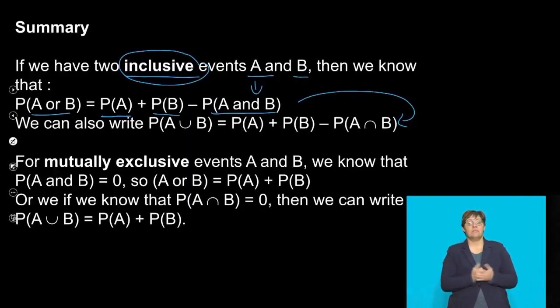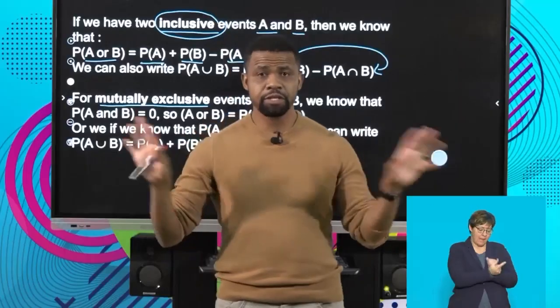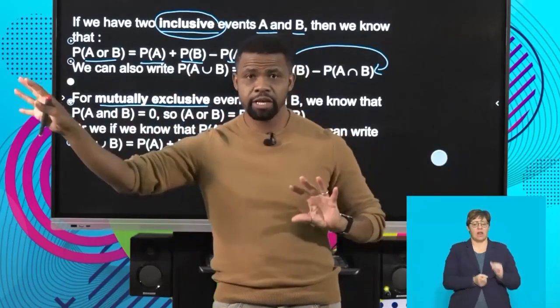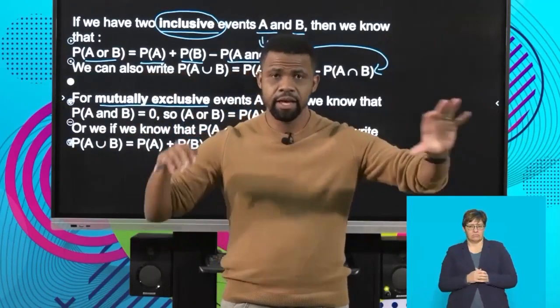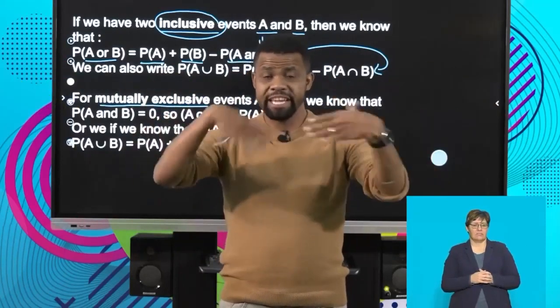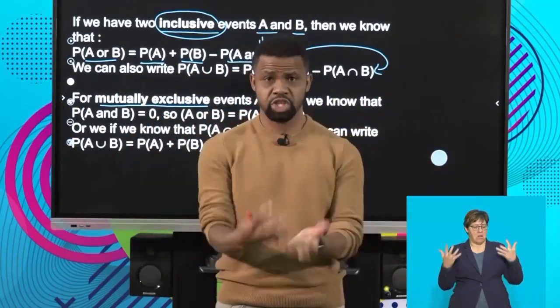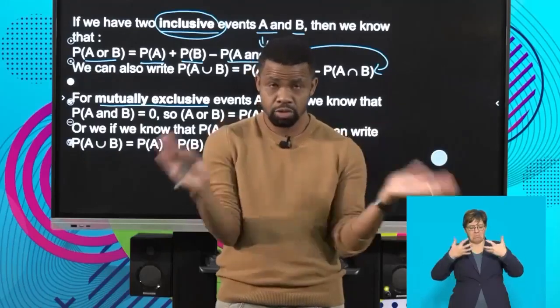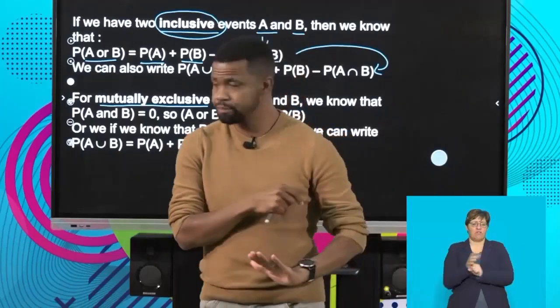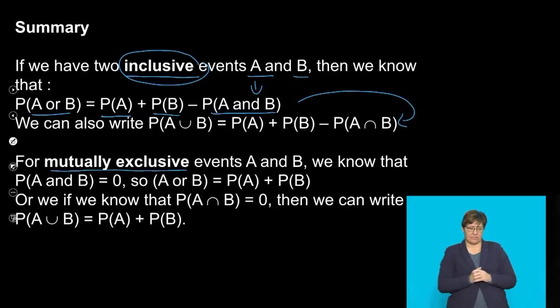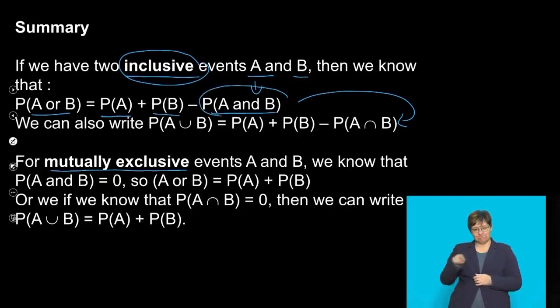But for mutually exclusive events, the two events cannot happen at the same time. So you have a circle there, another event there, and the intersection between the two events is actually 0. There's nothing common between the two events. So how will this change? It will make this part 0. Are we together?